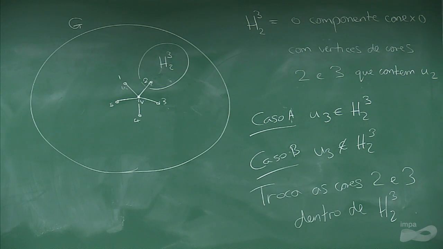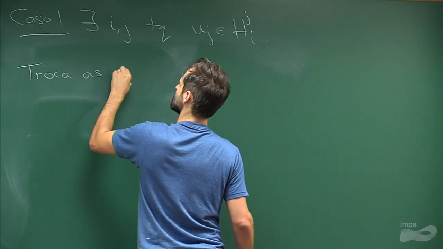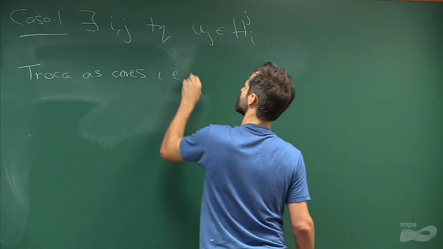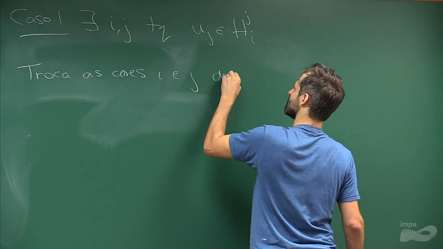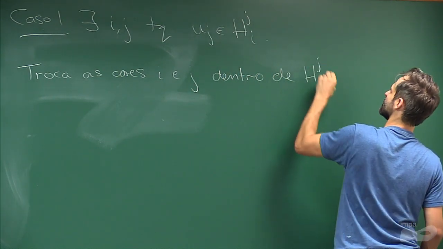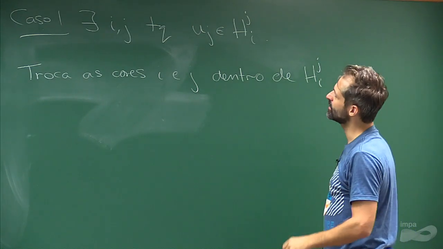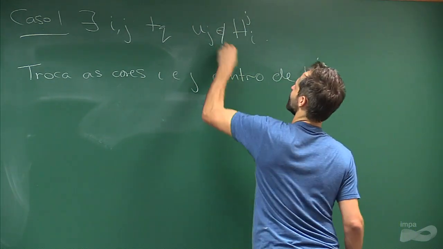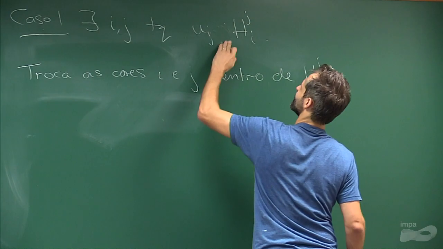In this case, we exchange the colours i and j inside Hij. You mean Uj not in Hij? Thank you.